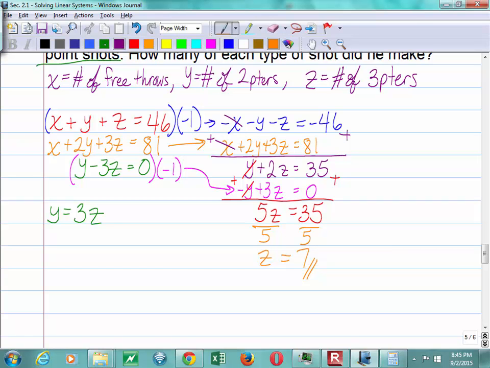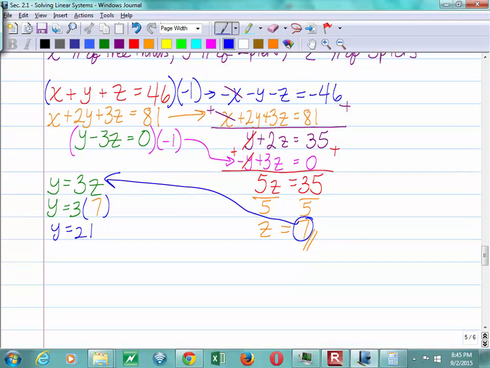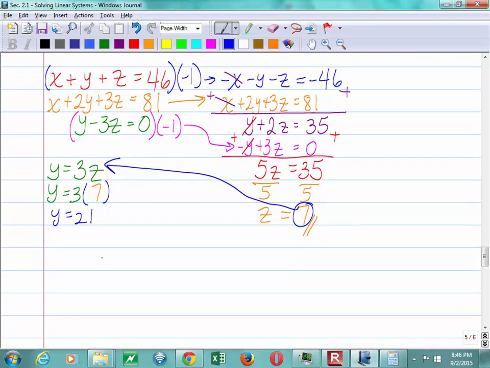And then I could take that 7 and plug it in right here, and that would give me the number of regular 2-pointer shots that he got. So 3 times 7 is 21. And I know that the total number of shots was 46: x plus y plus z equals 46. So I'm going to plug in my y and my z so I can find out what x is.